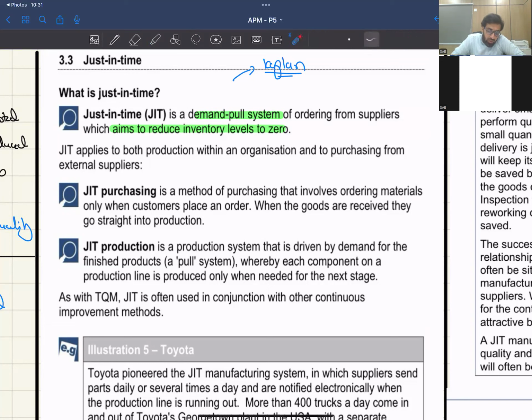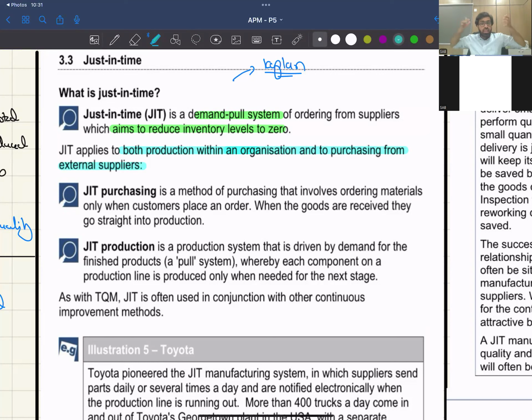It's simple: you get your demand and then you make your product, right? And that applies to production within an organization and purchasing from suppliers.